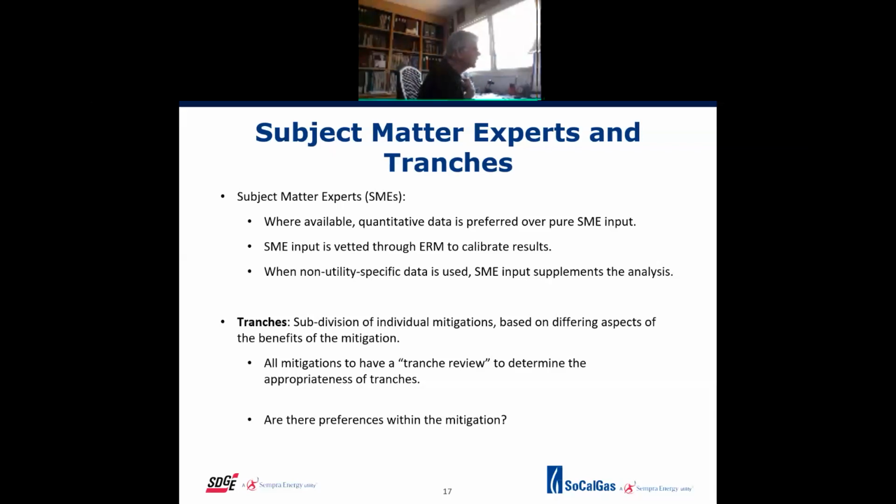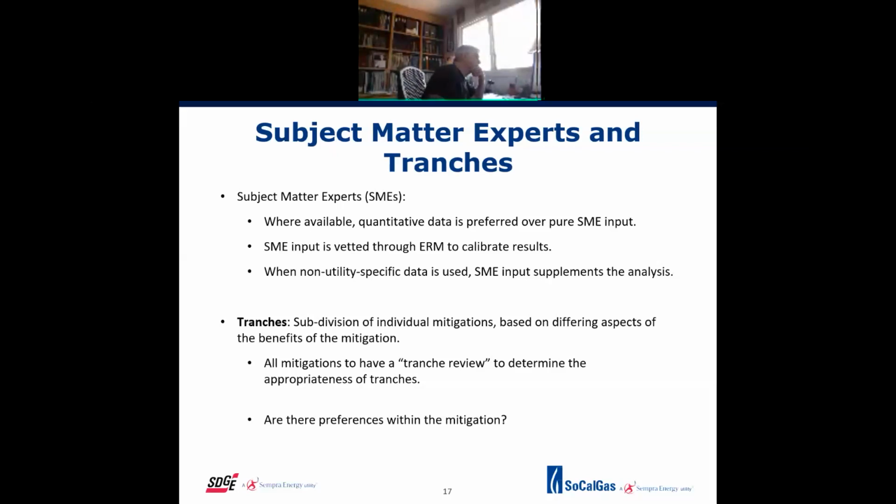I believe that a tranche should be composed of system assets that have the same or very similar likelihoods of occurrence and very similar consequences for occurrences for a given risk event. And so that means the tranches should be based on the risk event, and they should be a decomposition of the assets in the system. The mitigation is applied to the tranche, and whether it's useful or not is another story. But that oughtn't be the way that a tranche is specified.